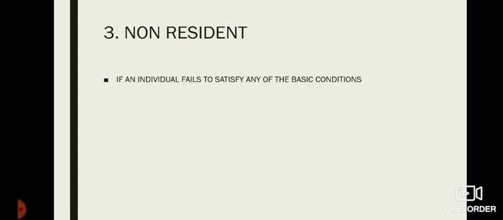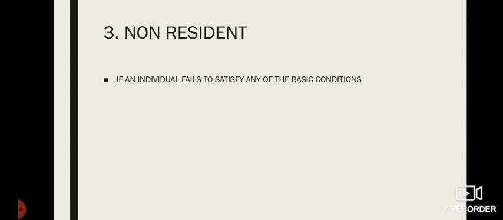Coming to the third one, how to determine whether a person is non-resident. To determine if the person is non-resident, he need not satisfy the basic condition itself. If a person fails to fulfill the basic condition itself, he neither satisfies the first basic condition nor the second basic condition, then he is considered to be a non-resident of India.